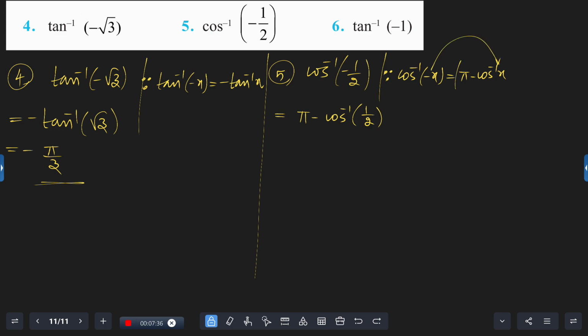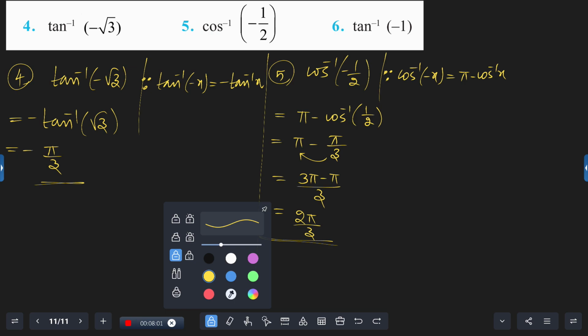To change it to positive, we are writing pi minus. Understand? So this thing is very important. Now pi minus, for what angle will you get 1 by 2 in cos? 60 degree, which is pi divided by 3. When you take cross multiply, 3 pi minus pi divided by 3, which is equal to 2 pi divided by 3. This is question number 5.